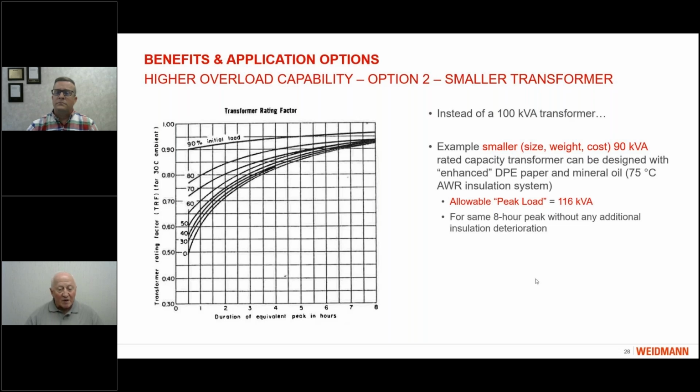So this would be a smaller size, smaller weight, and hopefully smaller cost transformer. And this transformer still will have an allowable peak load of 116 kVA for 8 hours. So we see that the enhanced thermal capability of the insulation system allowed us not only to design smaller transformers, but also to have a comparable or even higher overload capability.